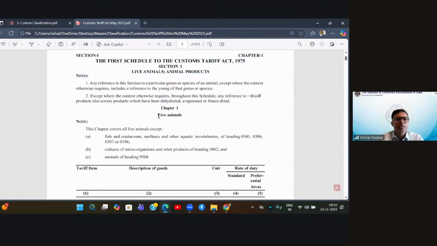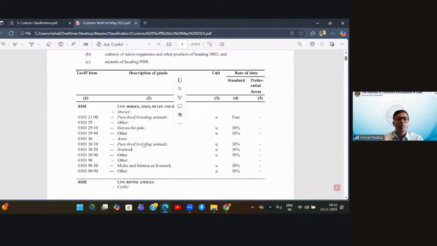Now, when a chapter starts, like in this section, the first chapter, chapter 1, is live animals. Again, in live animals, when the chapter starts, you have a note. Again, this note is called the chapter note. So the note given to the section heading is called section note. The note given to the chapter heading is called chapter notes. Now, when you want to classify, what is classify? I want to know where my products are falling.